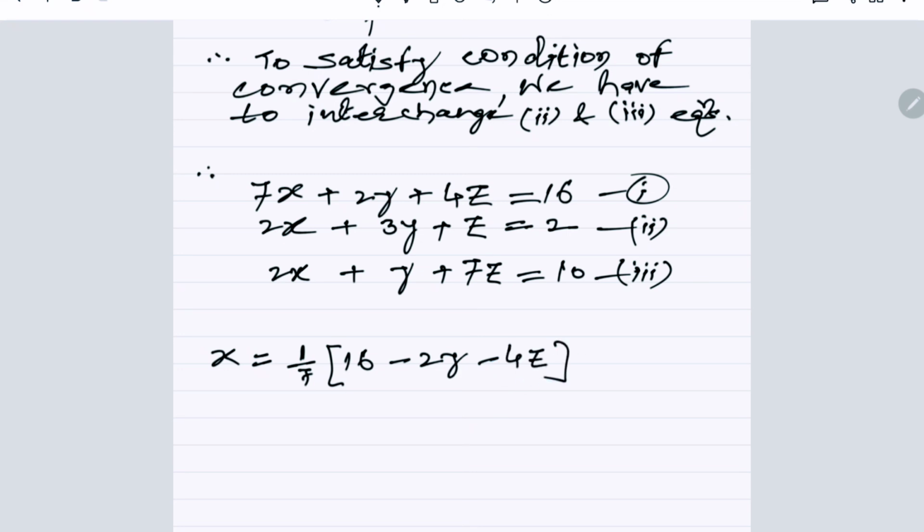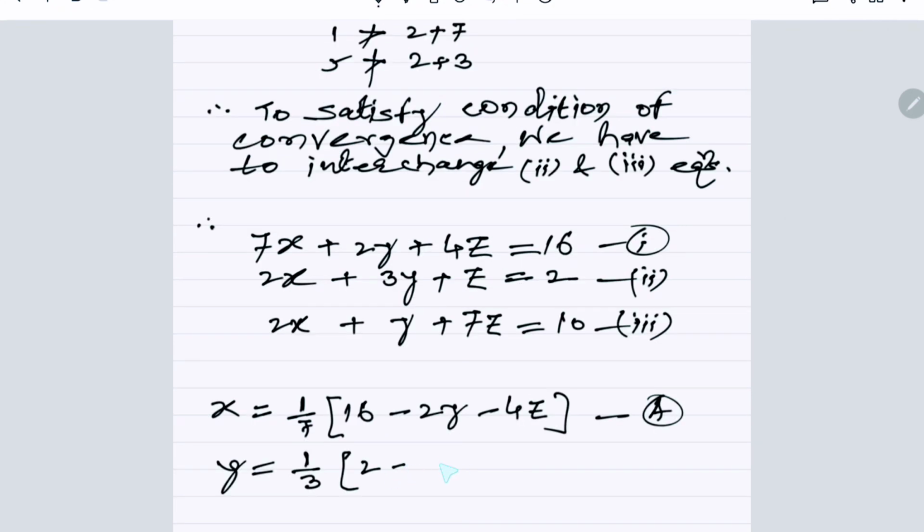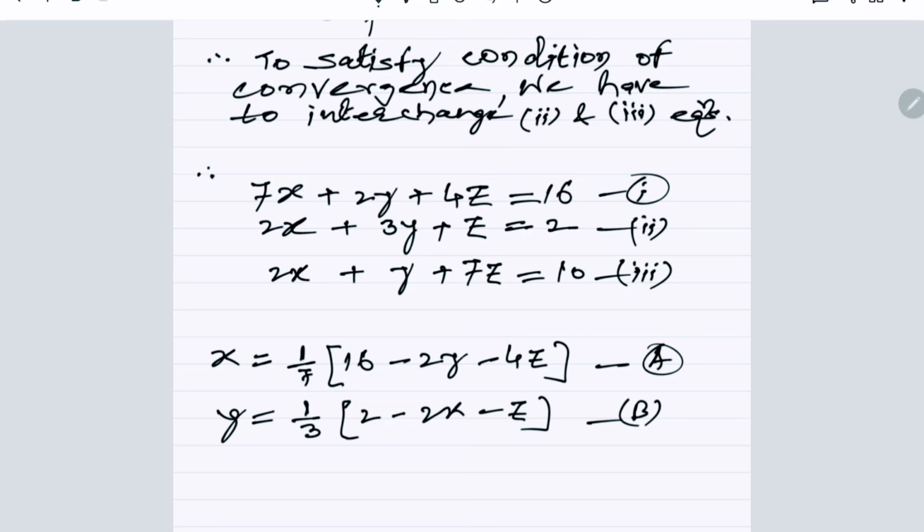We call that equation A. Second is solved for y. Therefore, y is equal to 1 by 3 times 2 minus 2x minus z, equation B. And last is solved for z: z is 1 by 7 times 10 minus 2x minus y, equation C.